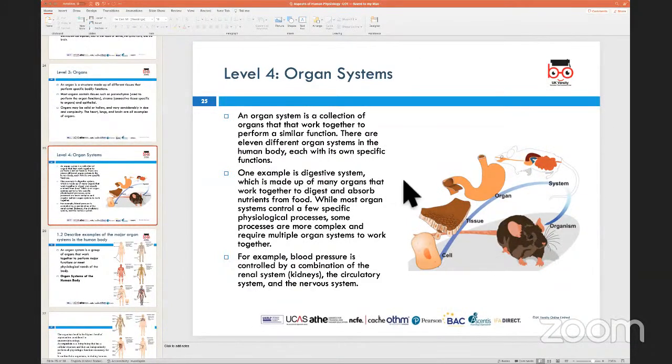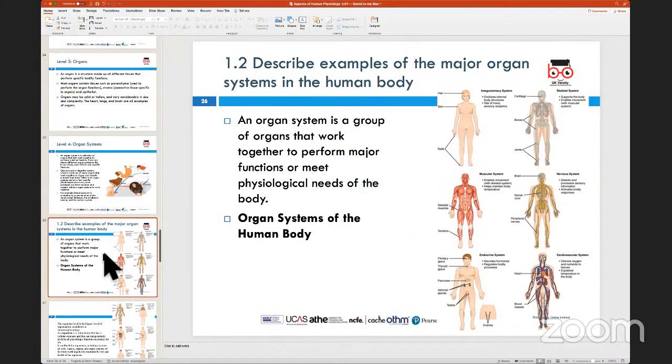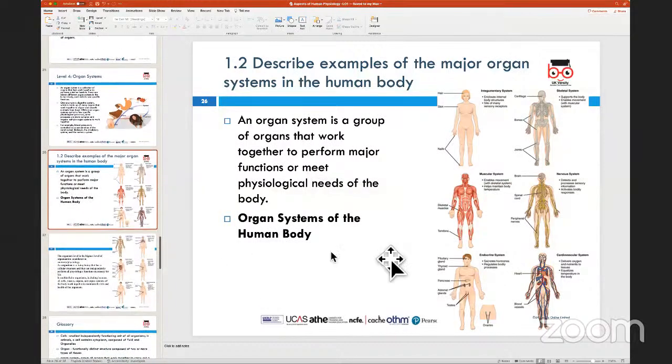No. All right. The second part of the assessment criteria talks about describing examples of major organ systems in the human body. So you remember the image that I pulled in, and these images basically talk about different types of organ systems. So the handouts that I have on Moodle are going to be useful to cover this part, because you'll have to describe a particular organ system, which is the 7 different types.